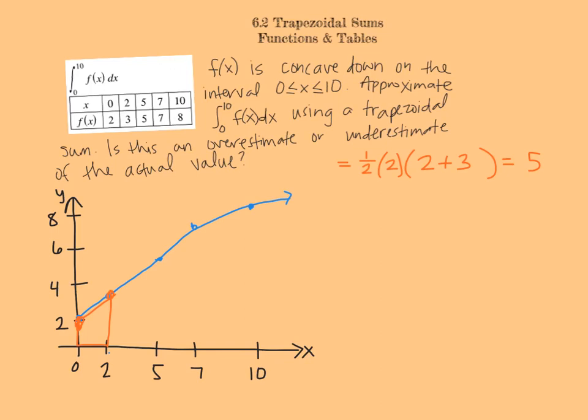So the next one I'll do in purple. So that one is half, and now our delta x is 3 because the distance between 2 and 5 is 3. And then our heights of our trapezoid are 3 and 5, my bad, which we get from right here, or the graph.